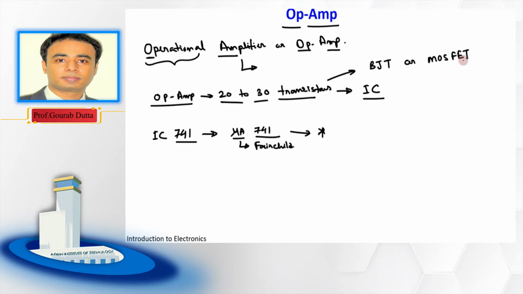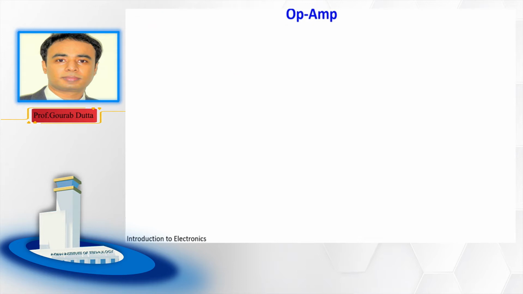Let us now in the next page quickly see the circuit symbol of this op-amp. Each op-amp has two inputs and one output, and generally in a circuit it is represented like this.